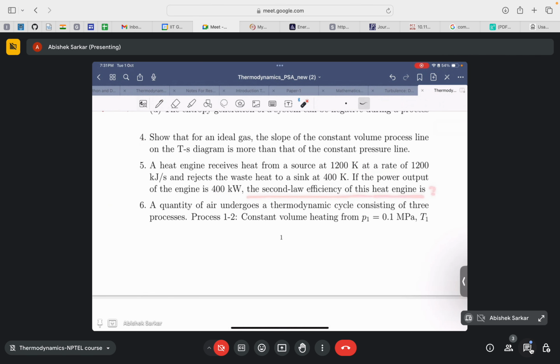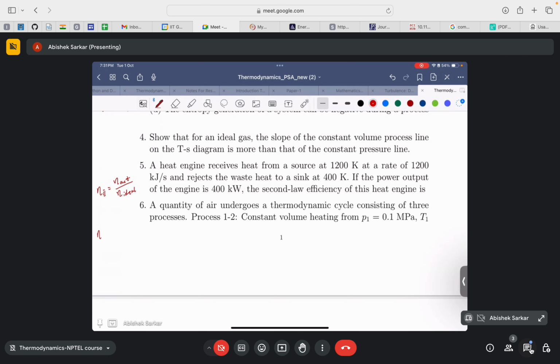Okay, so for the second law efficiency, let me just give you the formula. The second law efficiency would be the actual efficiency, let me write it as eta actual by eta ideal. And eta ideal, or ideal efficiency, would be the efficiency of a Carnot cycle.